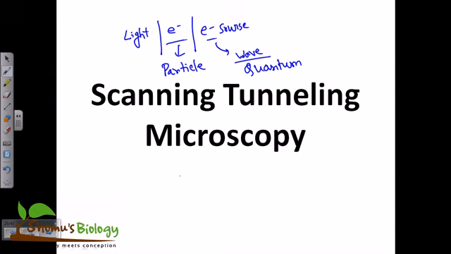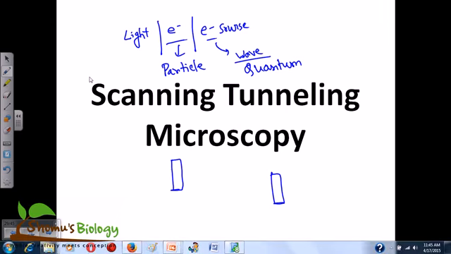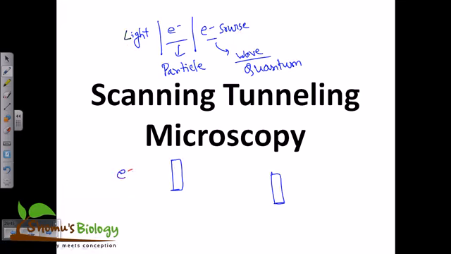Because the electron can behave like a particle. Let's say we have a barrier in both the cases. When the electron behaves like a particle, just like the classical physics suggests, that electron will go and hit that wall and bounce off.